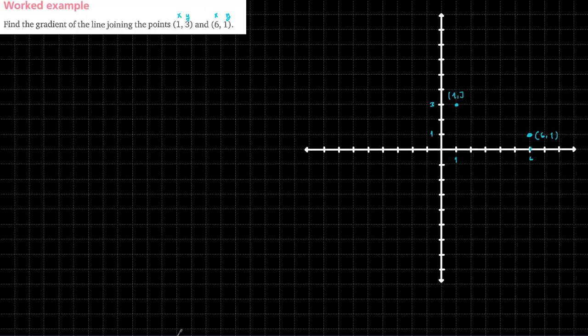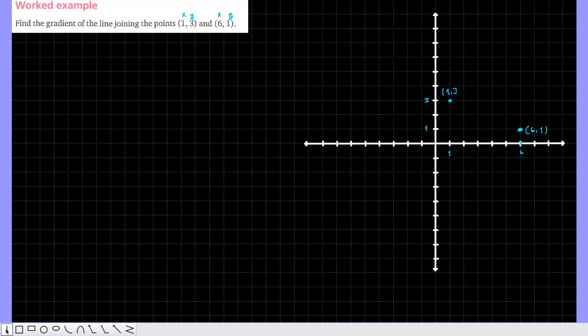When we draw the line between them, it's going to be from this point to this point. You're going to try to understand how much the vertical distance is and how much the horizontal distance is. With respect to that, you're going to find the gradient.